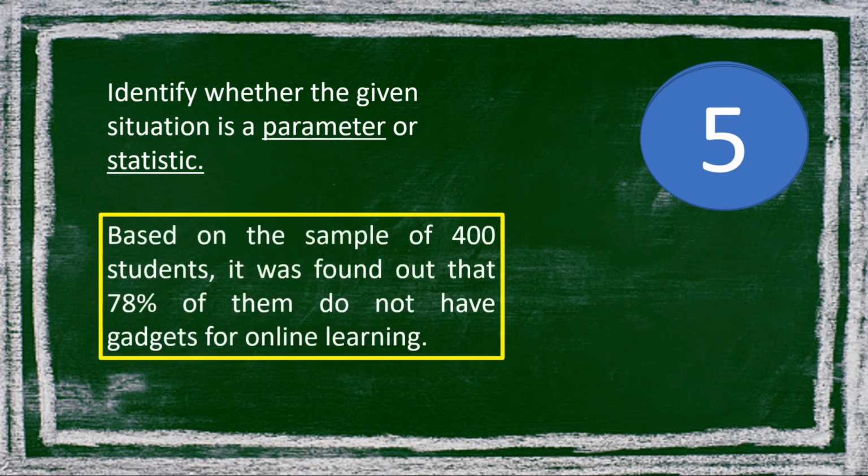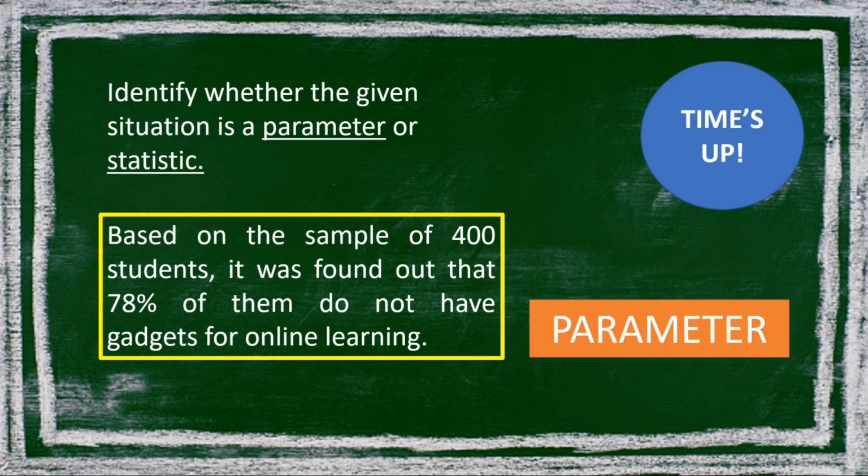Next item. Based on the sample of 400 students, it was found out that 78% of them do not have gadgets for online learning. Is it a parameter or a statistic? Time's up. The correct answer is parameter.